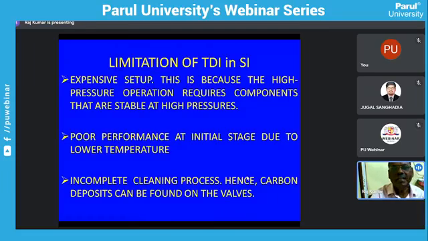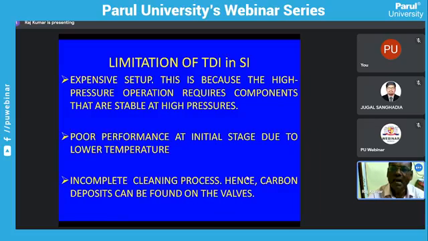Now there is a limitation of TDI, that is, turbocharged direct injection. The setup is very expensive because the turbocharger is very costly and the speed of the turbocharger is very high.